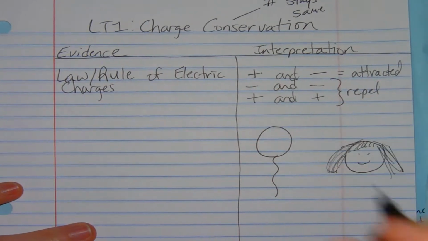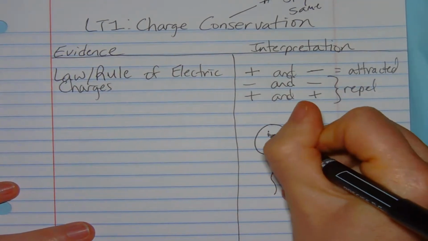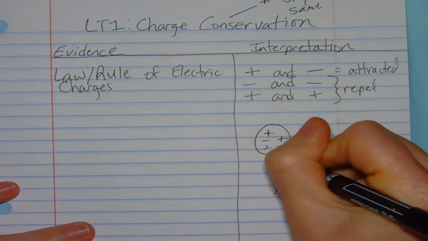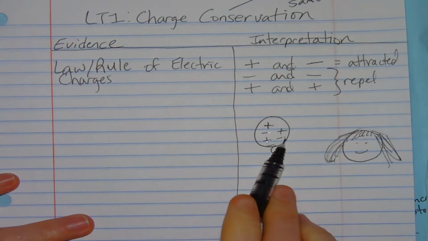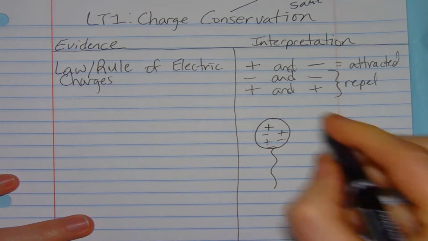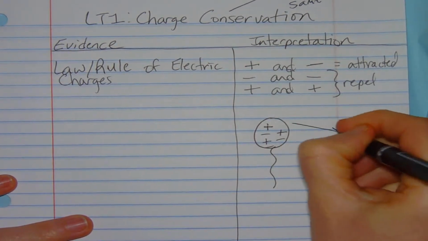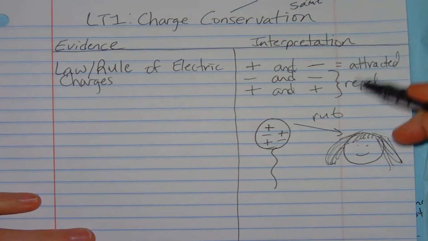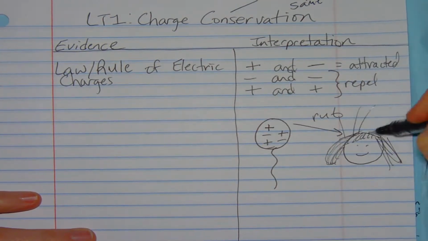You take a balloon that normally would have equal numbers of charges. For every positive, there's a negative. For every negative, there's a positive. So if I have 3 positives, there would be 3 negatives. You take that balloon, and you rub it on somebody's head. We've all seen this phenomenon, and it causes their hair to stand up.